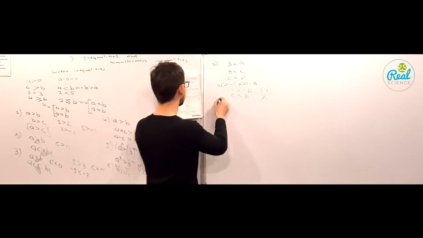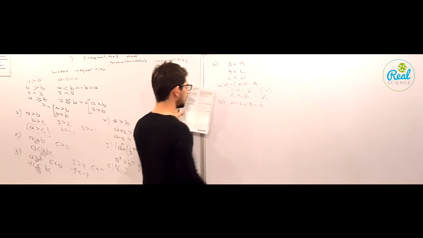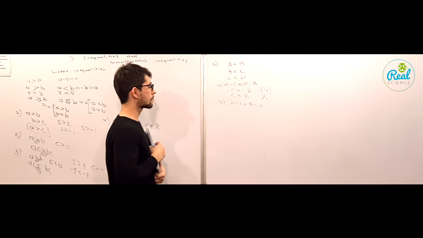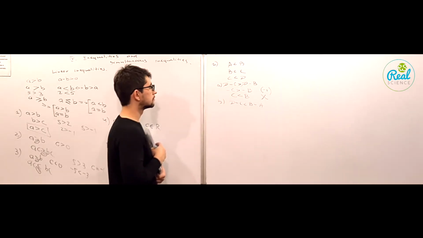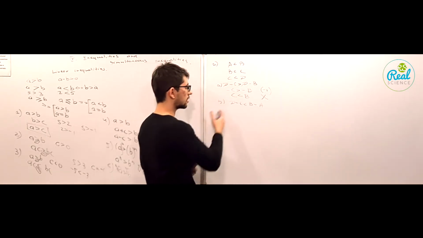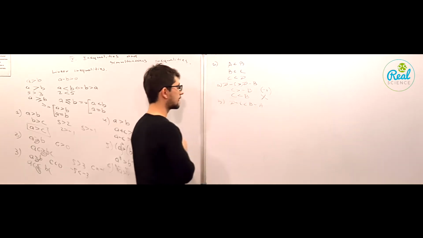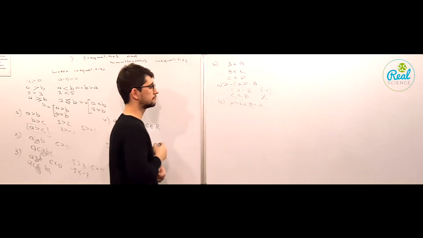Let's look at B part. D minus C less than B minus A. What about this one? We cannot eliminate, because they are different, right? So what about D? Is D greater than B?